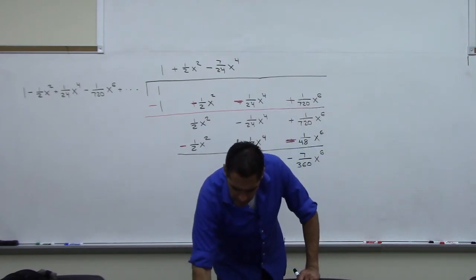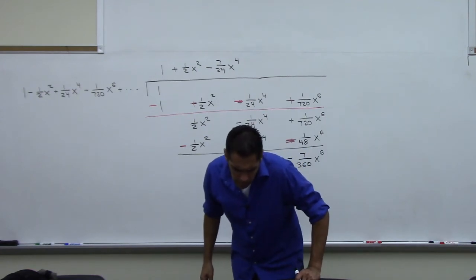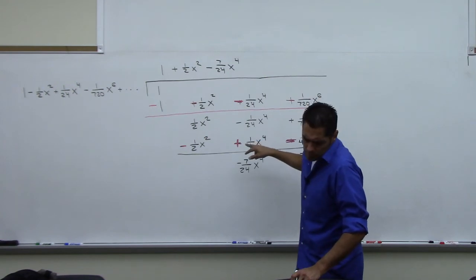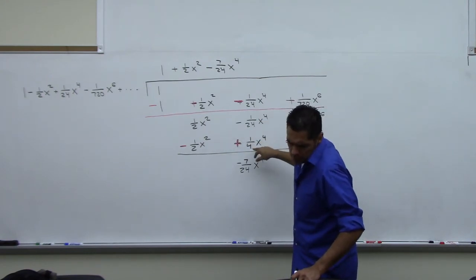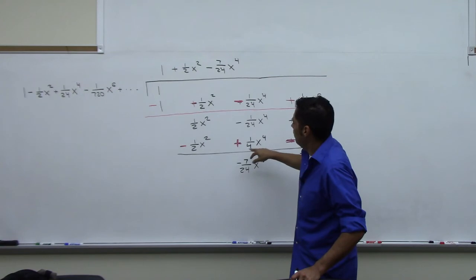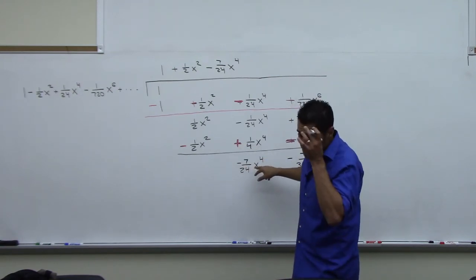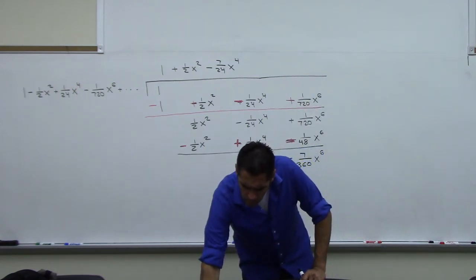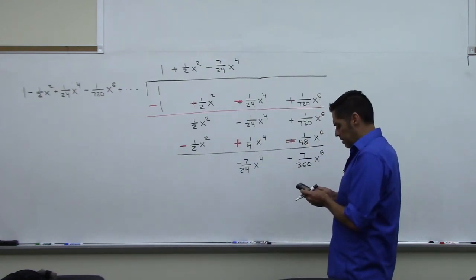And double check my answer here. Whoa, what did I do wrong here? Minus, this is 1/2 minus 1/24, and then minus 1/4, it became plus 5/24. Hold a second here. Did I type that in wrong? Oh, I did type that in wrong.